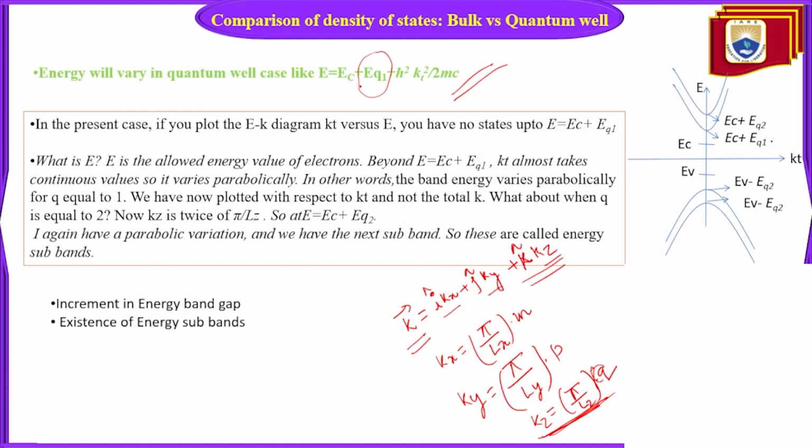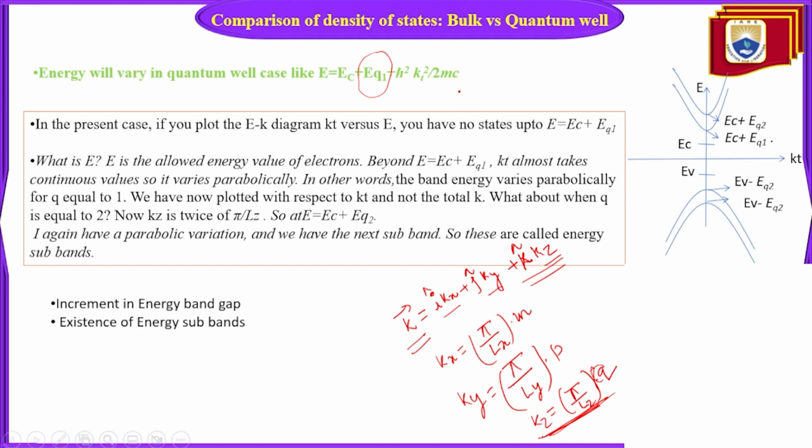So you can write E is equal to EC plus EQ1, the energy corresponding to the z direction, plus h cross square kt square upon 2 mC. Okay, so this is your energy expression for the quantum well case.